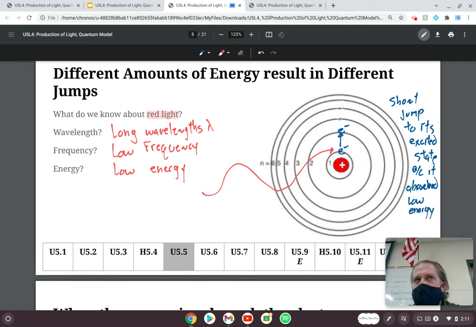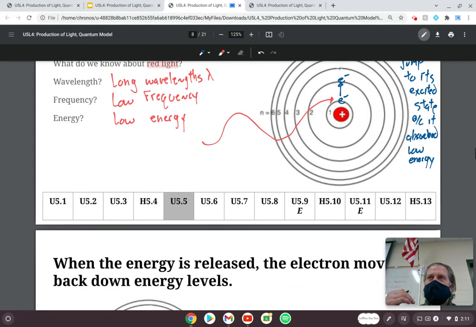And consequently, if it absorbs low energy, it can only give off low energy. So we can't give off more energy than we absorb. So that would look something like this.